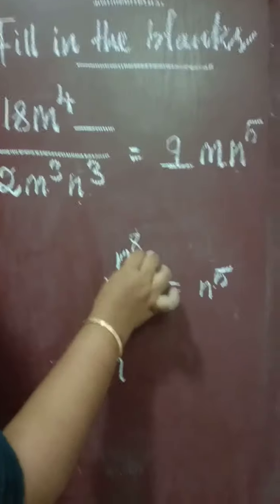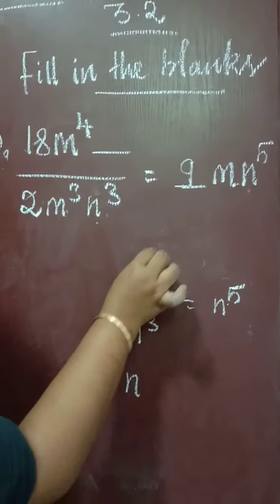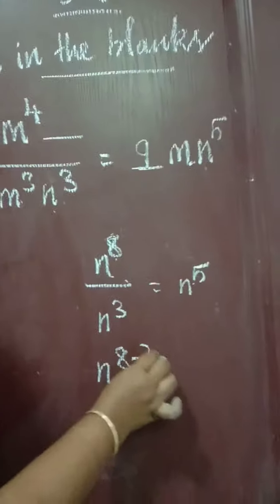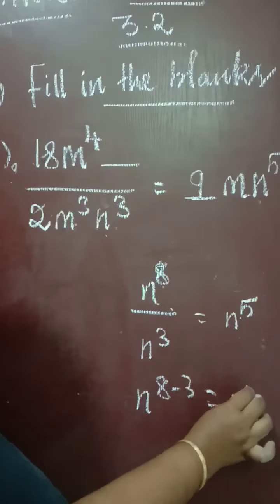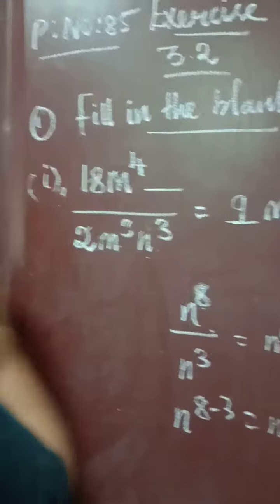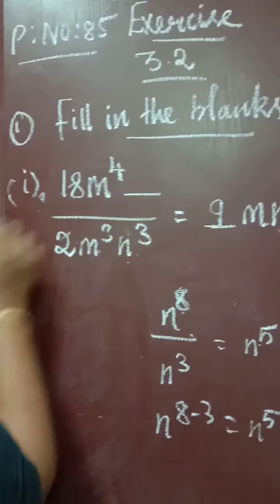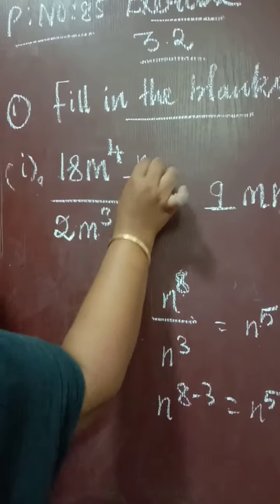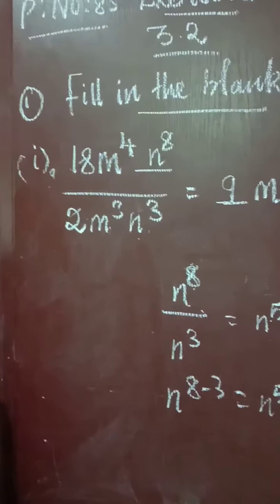Listen, if we put 8 here, 8 minus 3, we get n power 5. So which number comes here? How many n's come? n power 8.